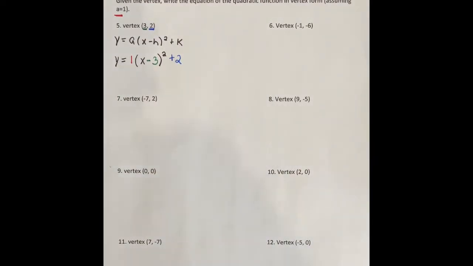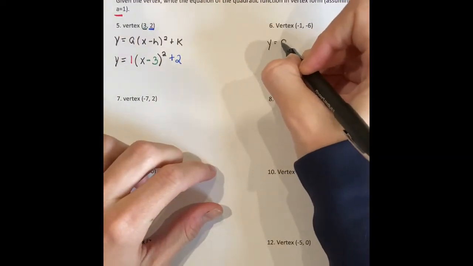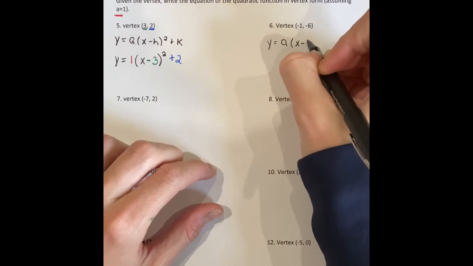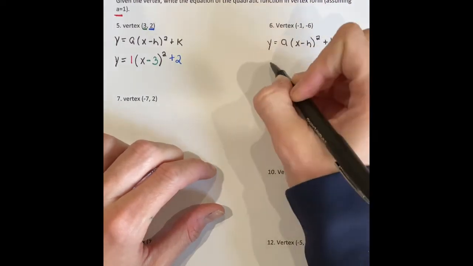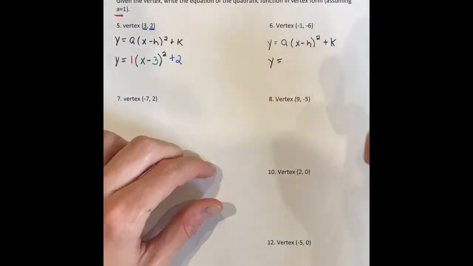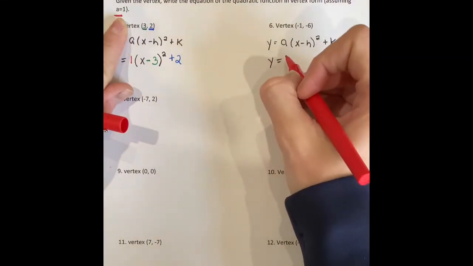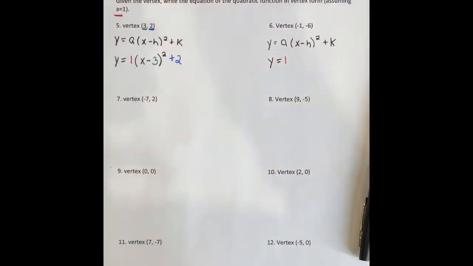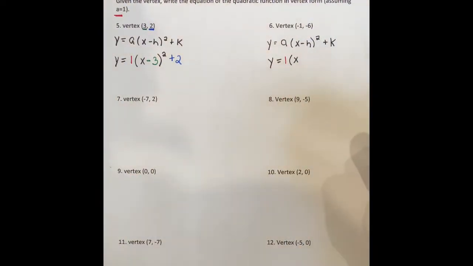Okay, so let's try the next one together as well. Here we have y equals a(x minus h) squared plus k. So y equals, remember a, they told us that a is always going to be equal to 1. So here we have a 1. Then x minus h.